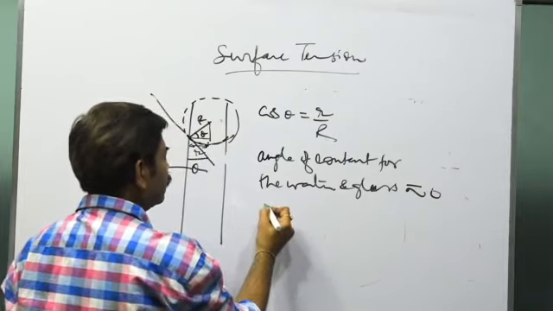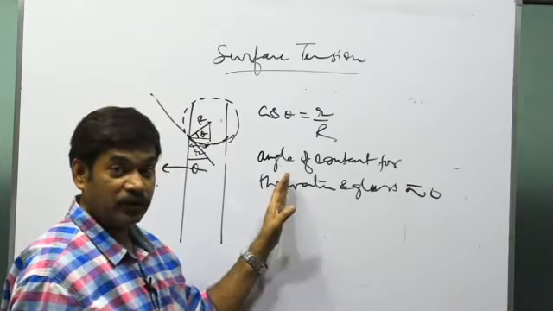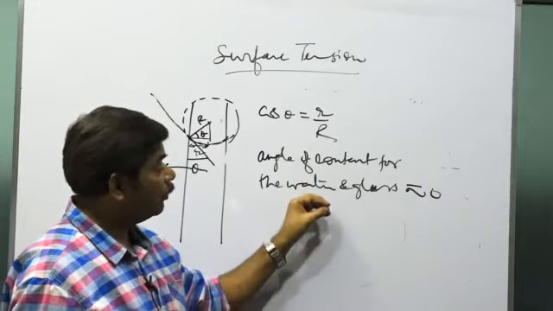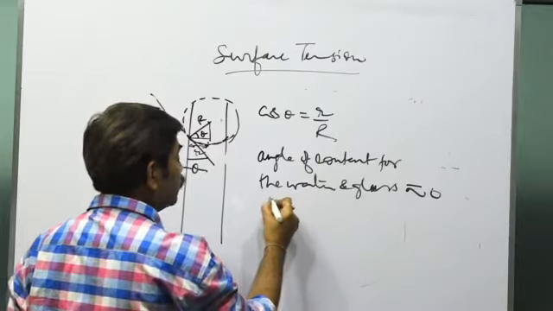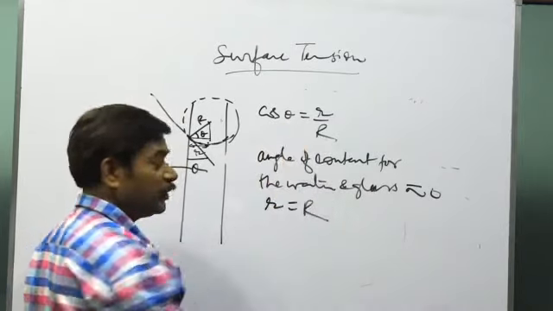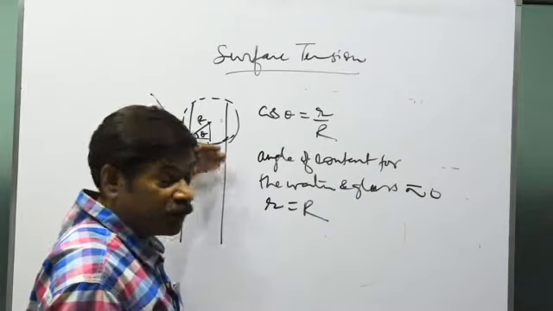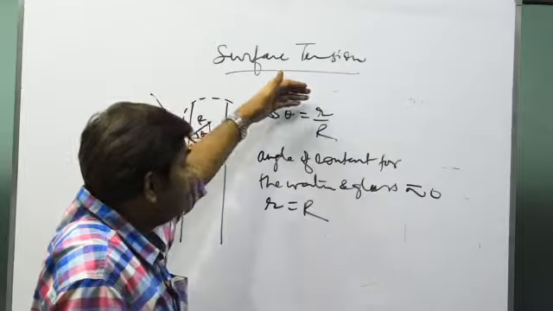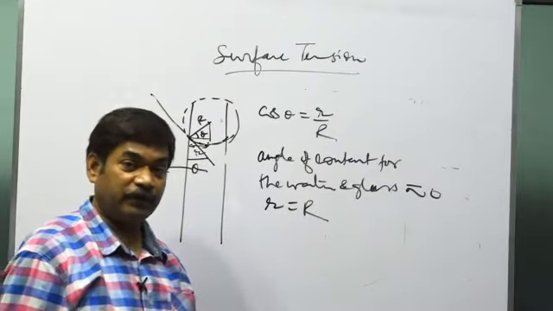So in that case, if they use the glass and water combination and don't say anything about the angle of contact, you have to take small r equals capital R, because cos 0 is 1. They won't give the radius of the meniscus. They give the radius of the capillary, and the radius of the meniscus will be the same as that of the capillary.